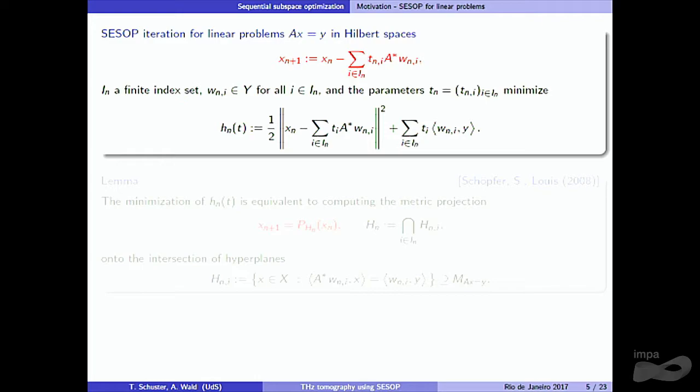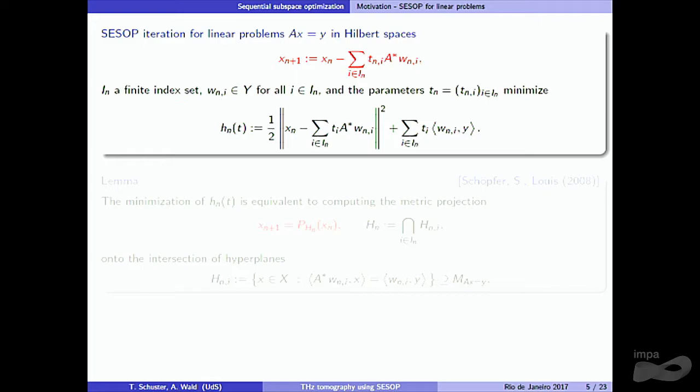So if you, for example, use w_n equal to A x_n minus y, you get Landweber's method if you use this as a single search direction. So Landweber's method with a specific step size, t_n, is contained in this construction. It's a special case.